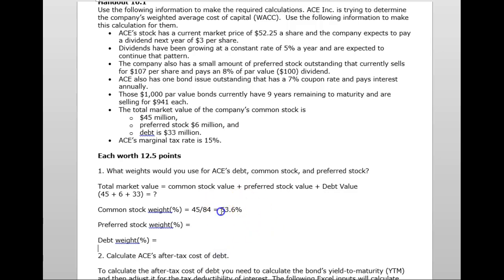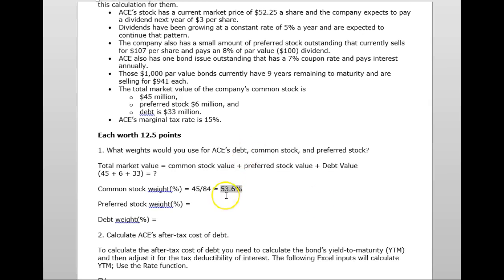And from there, we'll use this calculated weight right here to take a percentage of the interest or the return that has to be paid on these items, and that becomes their cost of capital. And when we weight it out, we'll have a weighted average of their cost of capital. So figure that out. This is 45 divided by 84. The next one's going to be 6 divided by 84 and 33 divided by 84.